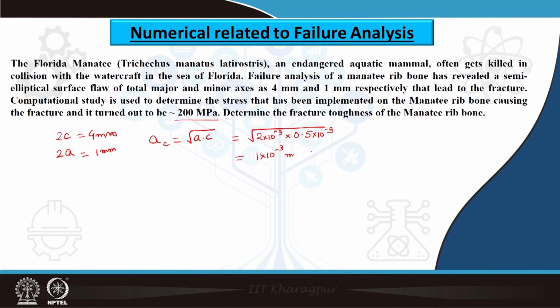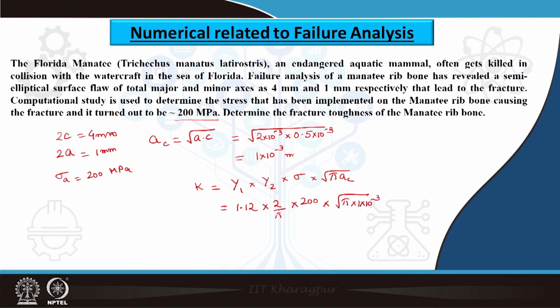What else we have is the applied stress, which is 200 MPa, and what we need to find out once again is K, which is related to Y1 into Y2 into sigma into root over pi a c. This is once again a surface flaw. So, 1.12 into 2 by pi into 200 into root over pi into 1 into 10 to the power of minus 3.